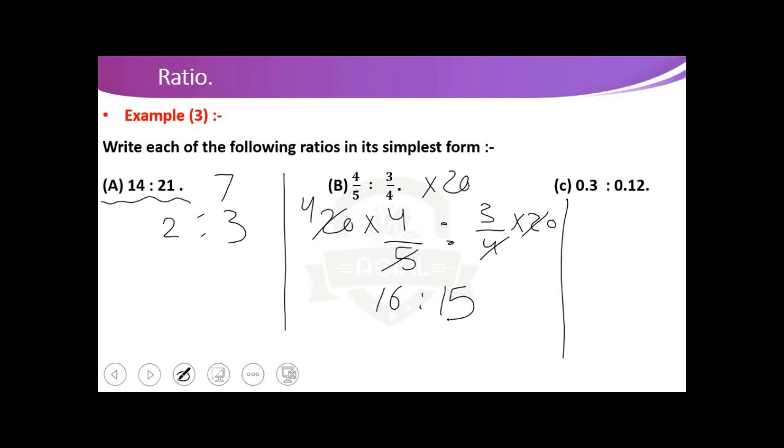So the simplest form of this ratio equals 16 to 15.